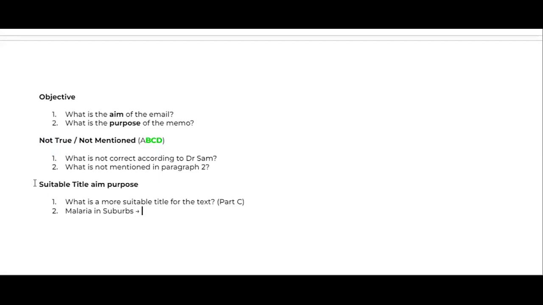You will be getting 3 or 4 options, and out of them you have to find the more suitable one.